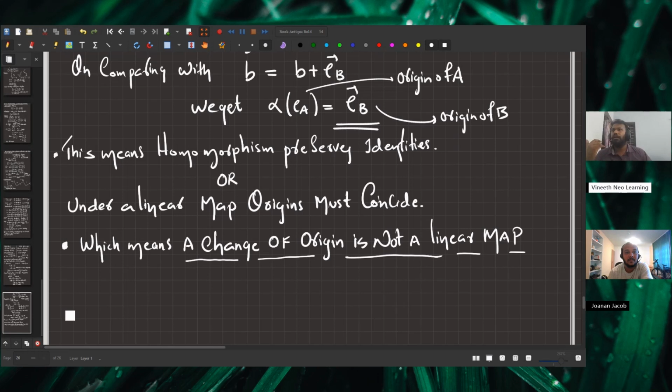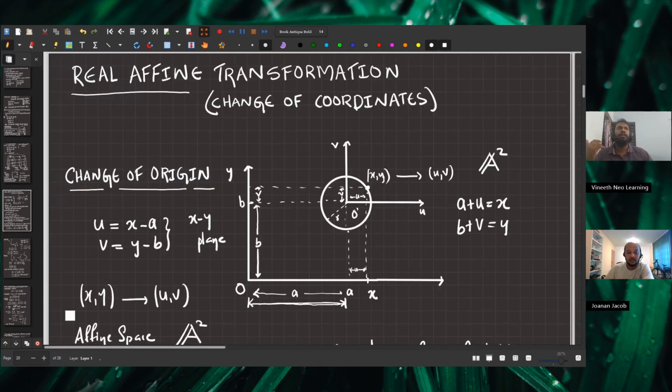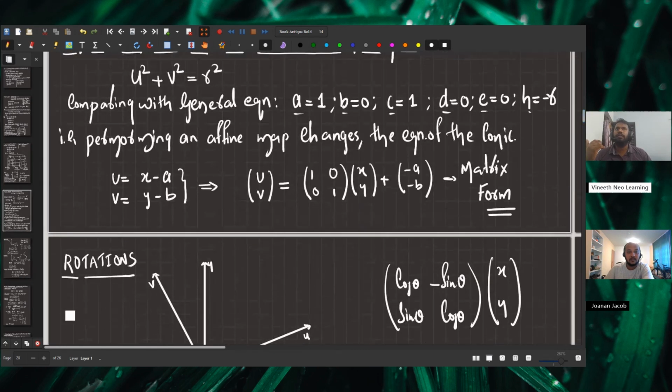That is actually evident from the definition equation. Let's go back and check our original board here. The change of origin was given by this equation. Do you remember? Yes.